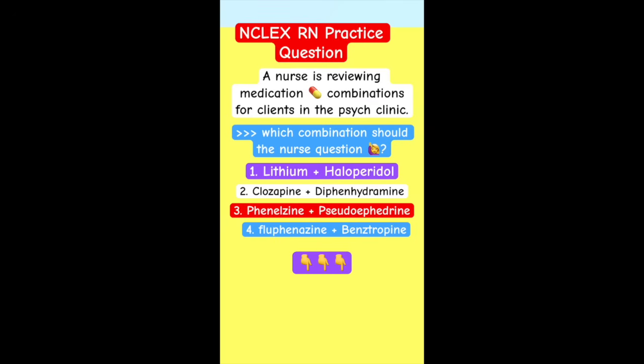Lithium and allopurinol, clozapine and diphenhydramine, Phenelzine and Pseudoephedrine, Fluphenazine and Buspirone. Which combination is the problem? These are psych medications. If you don't intervene, the patient will be in trouble. Put down your answer in the comment.